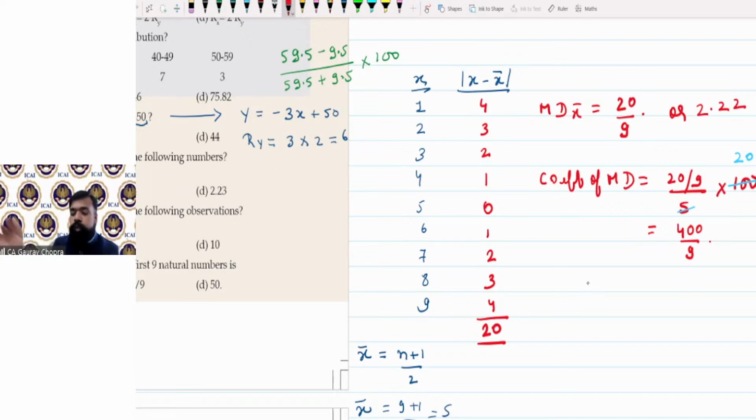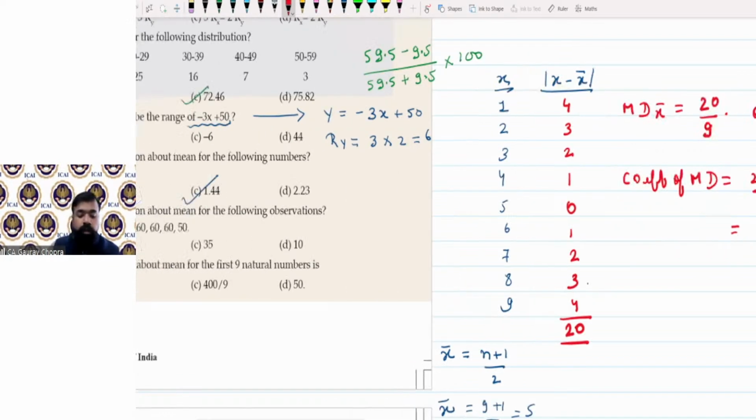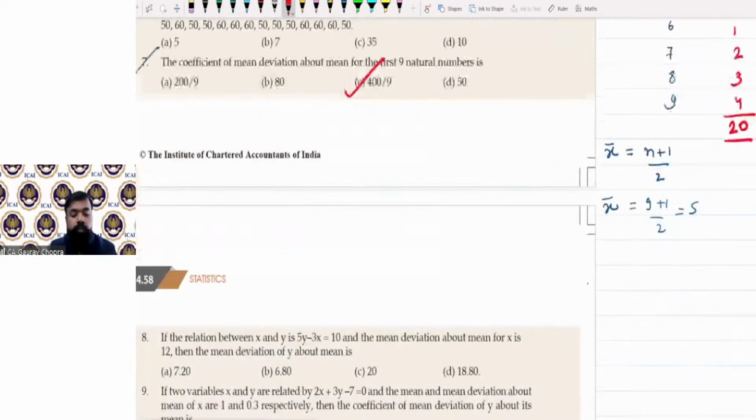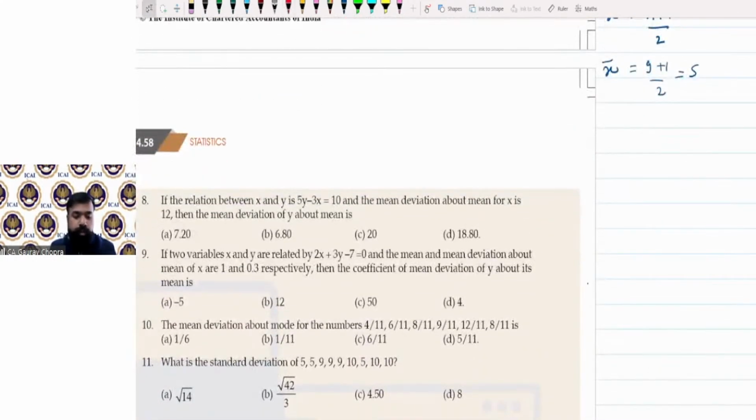This is coefficient of mean deviation. So the correct answer is option number C. In this way you can calculate coefficient of mean deviation for natural numbers.